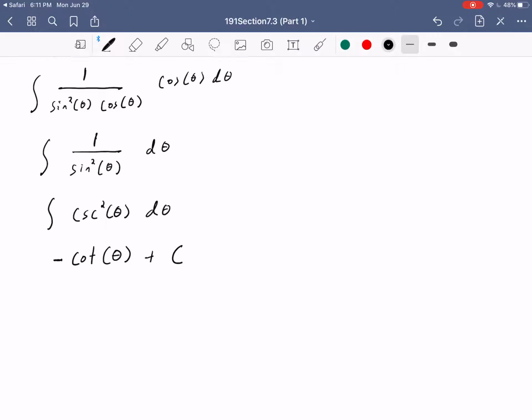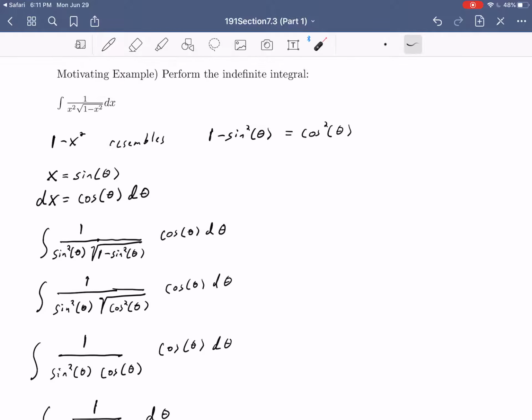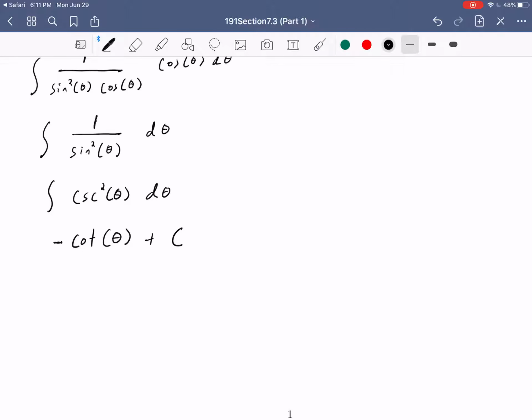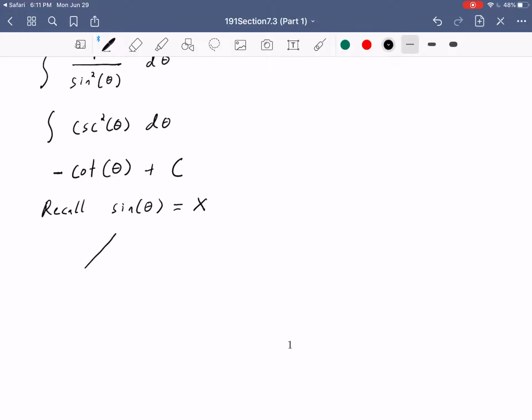The trick to doing better is to draw a diagram to help us unpack this substitution. So let's recall that our substitution was that sine of theta was equal to x. So let's draw a little diagram here. Let's draw a right triangle, and I'm going to just label any one of the angles as theta. Now, let's label this triangle so that sine of theta is equal to x.